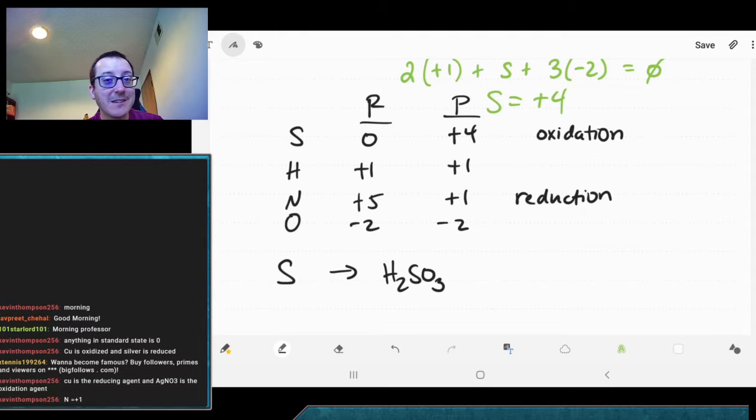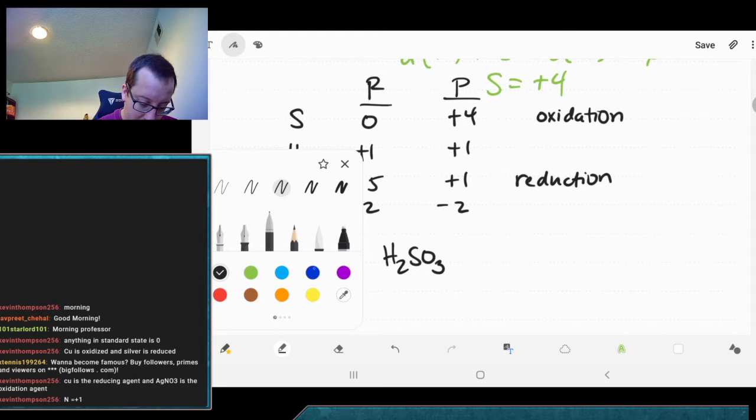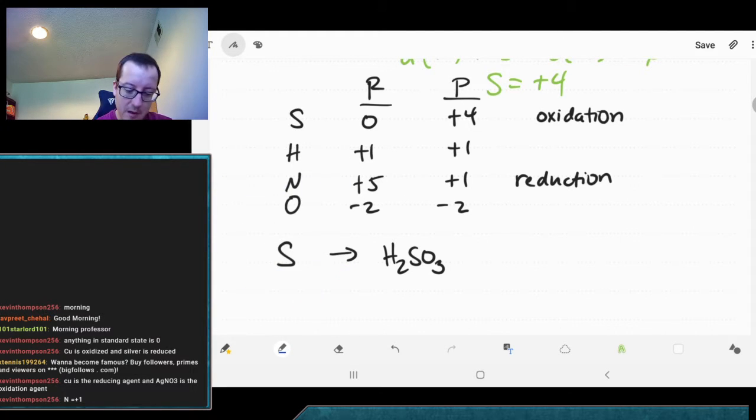And we have a process to balance this sort of equation. We can see here we just have sulfur turning into sulfurous acid. That's a very exciting half reaction, said no one ever. But we're going to see that we have a way to do this.